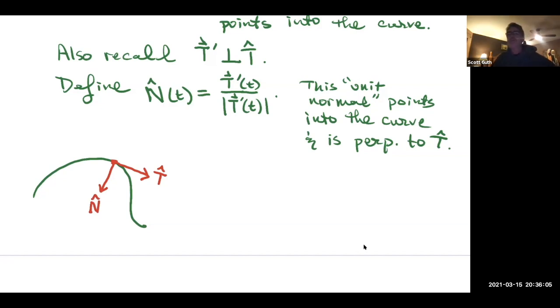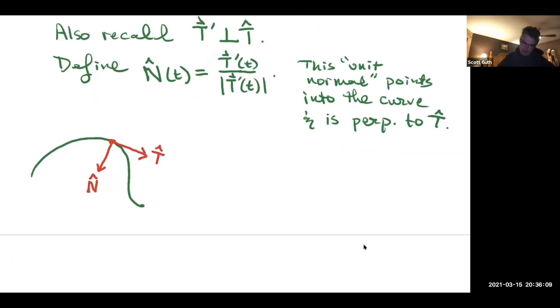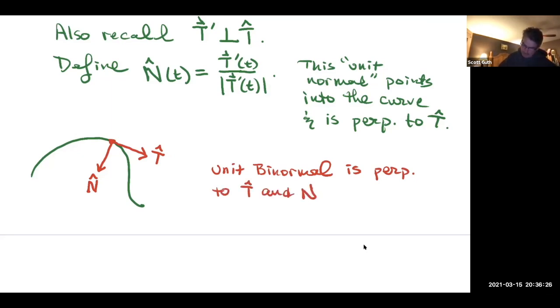Okay, how are we doing for time? 8:36. There's another one. I'll define this one next time. There's a unit binormal, which is perpendicular to T and N. Okay, the unit binormal is super easy.